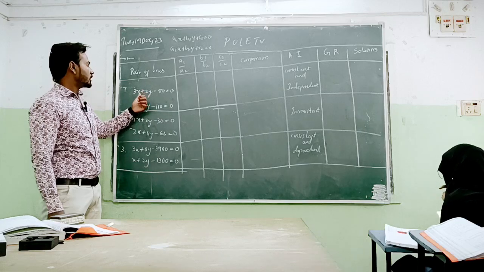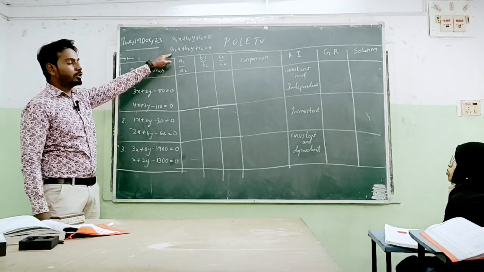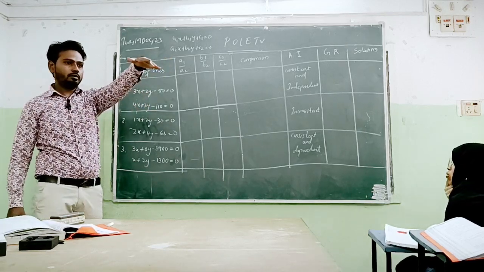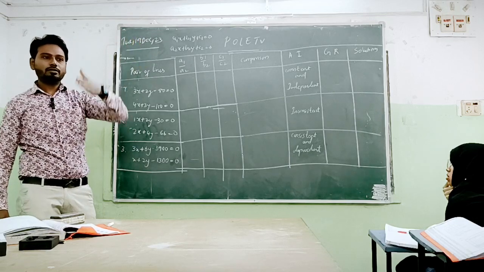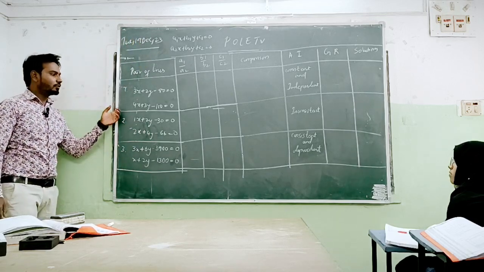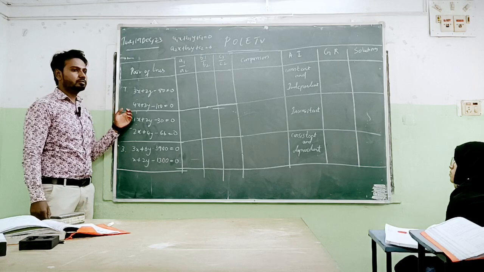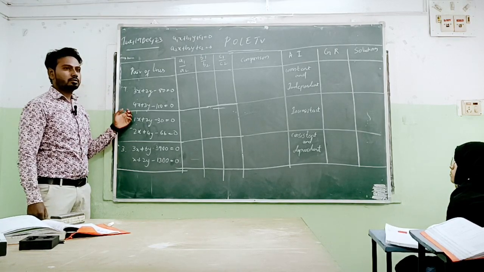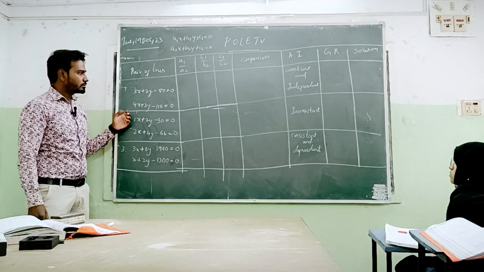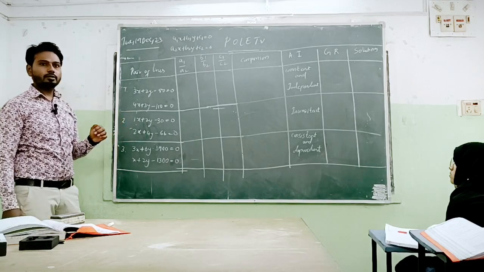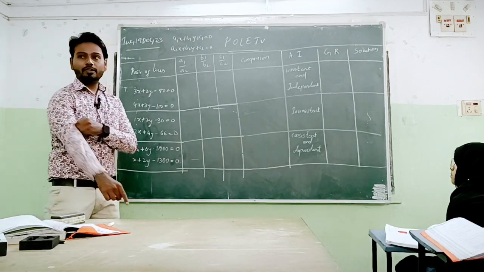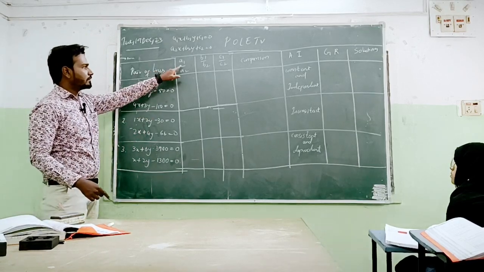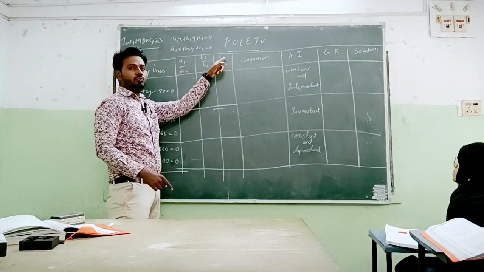Now here a2, tell me. a2 is 4, b2 is 3, c2 is minus 110. Now after that we have a1 by a2, b1 by b2, c1 by c2.